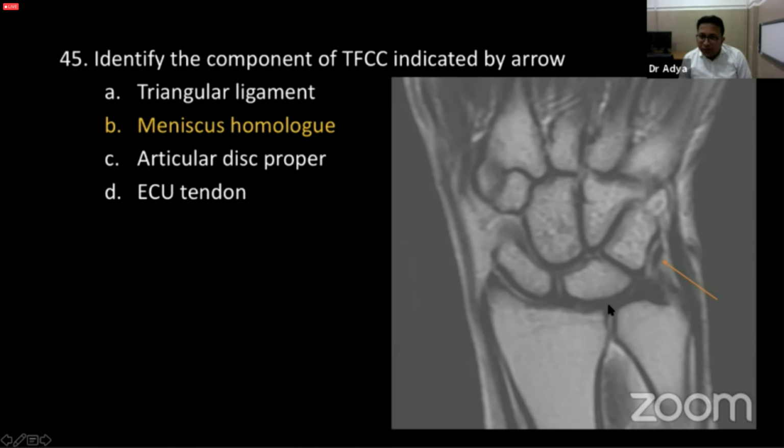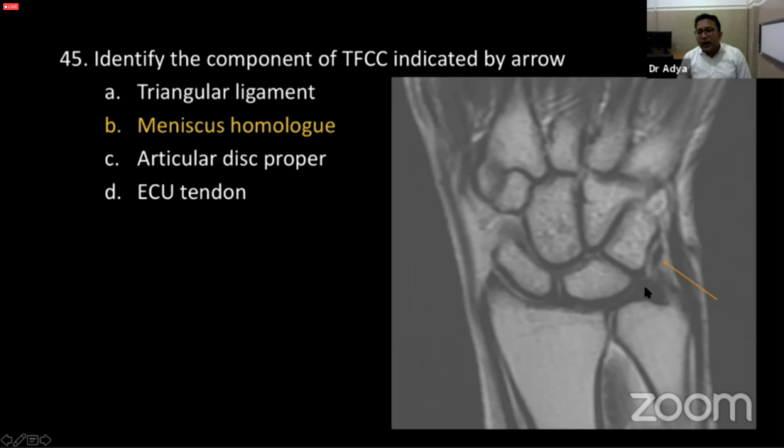It will go medially, where before inserting, it will get divided into two lamina of the triangular ligaments. One is your lower lamina, which will go and insert into the ulnar styloid process, and another will go and insert into the fovea. So that is the upper lamina.